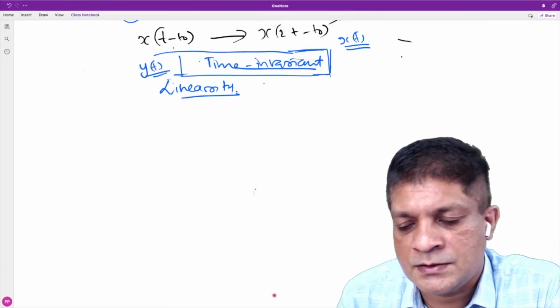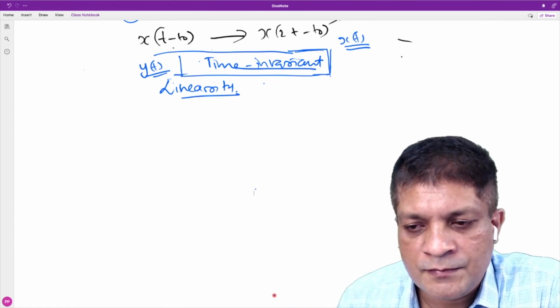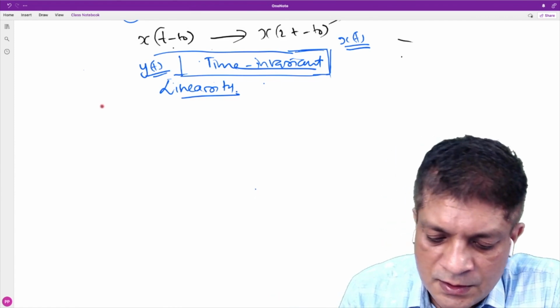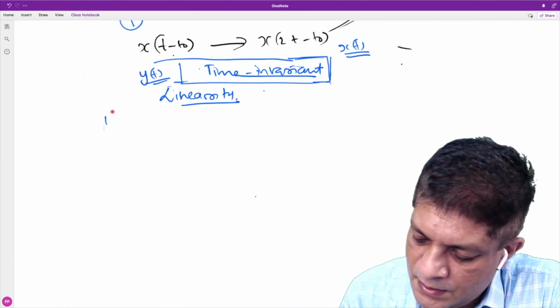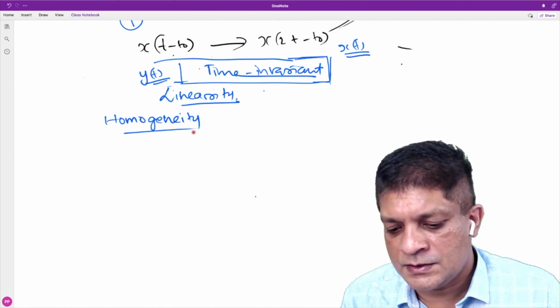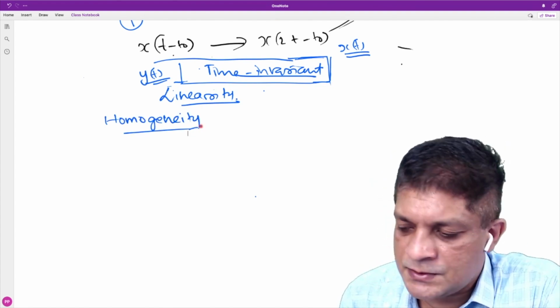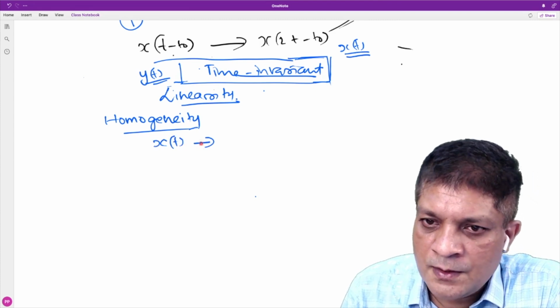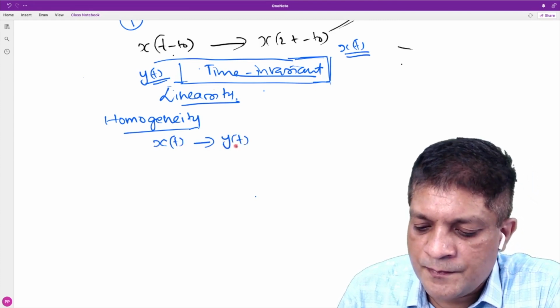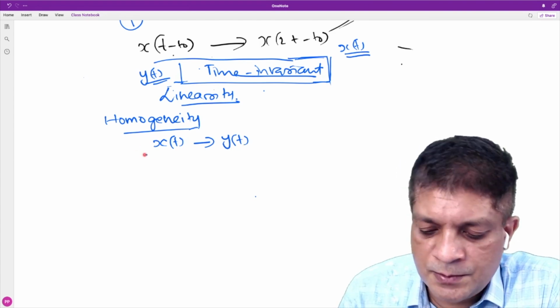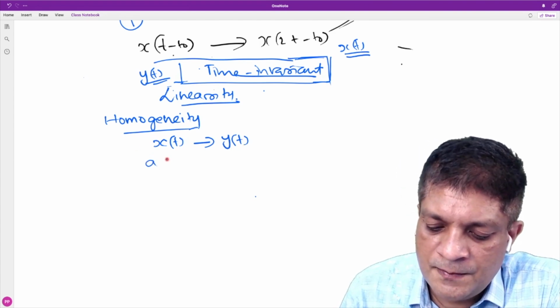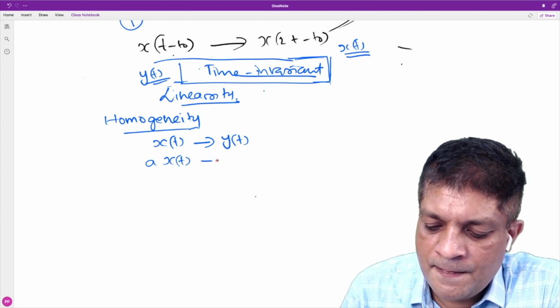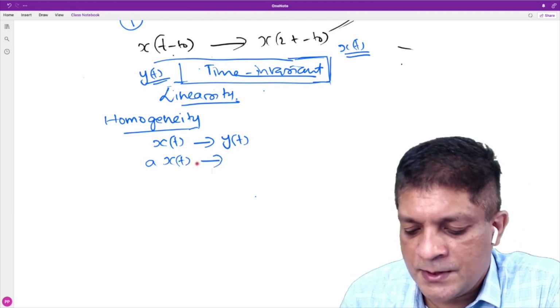A system is said to be linear if it satisfies two conditions. The first condition is homogeneity. If x(t) is the input to the system and y(t) is the output, and we scale the input by a constant factor a, a·x(t), then the output should also be a scaled version.